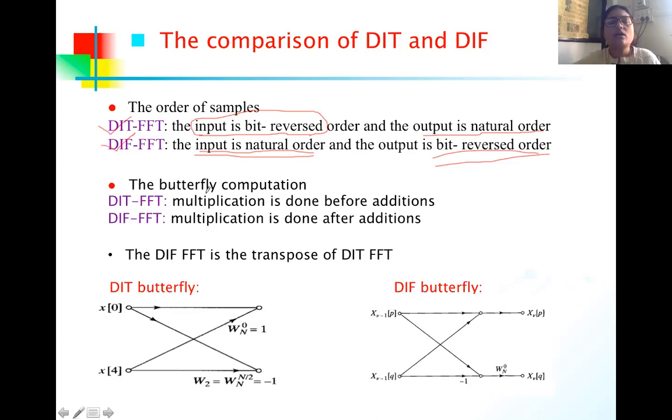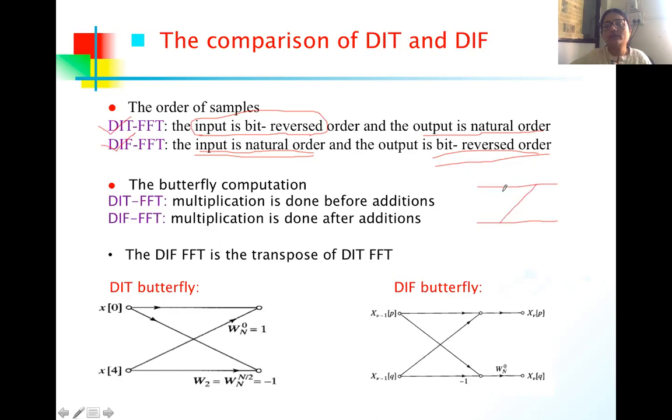Next, in both computations we use the butterfly operation or butterfly structure. But in the DIT algorithm, the multiplication is done before the addition. This is my butterfly structure.